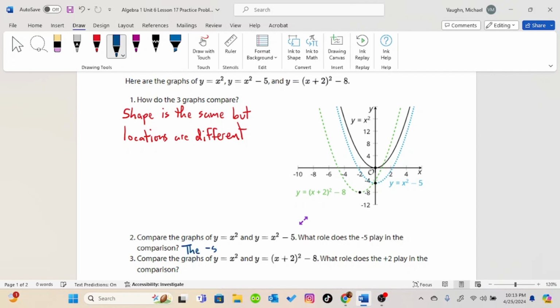The minus 5 shifted the graph down 5 units.